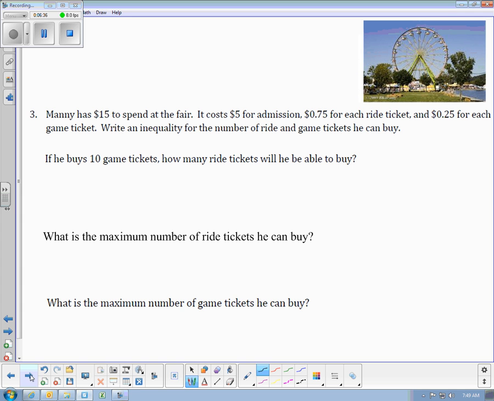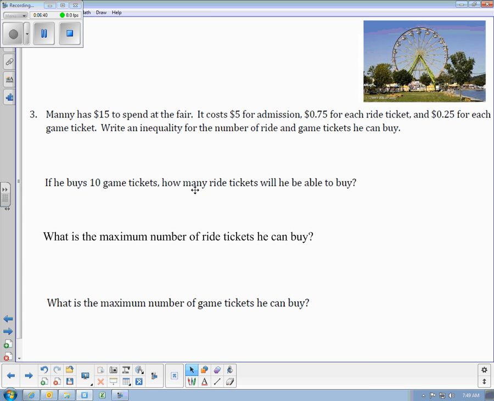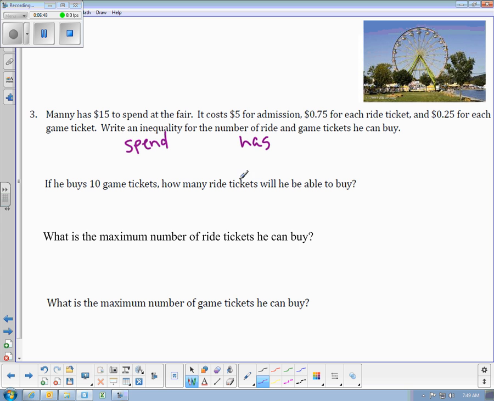Okay, we need to think of the amount of money that he's spending, and we need to think of the amount of money that he has. So I'm going to say spend over here and has over here. The amount of money that he's spending: $5 to get into the park, flat rate. He's spending 75 cents for each ride ticket.